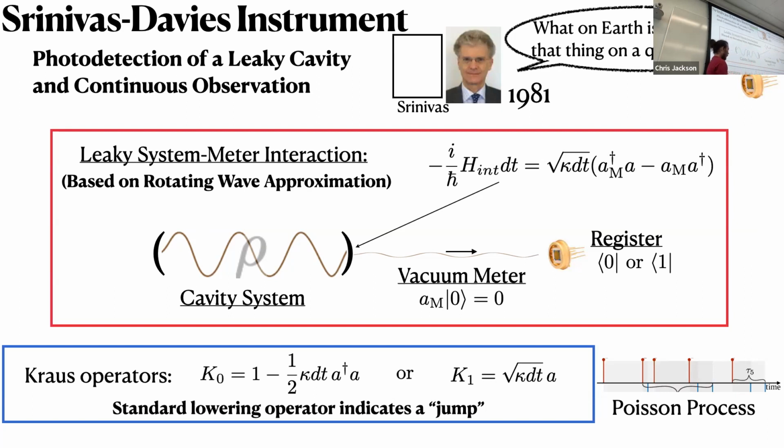So at small times, there's two things that can happen. Either you don't see a photon or you do see a photon. And if you don't see a photon, this is the kind of Krauss operator you have, where A is the usual lowering operator. Okay. And if you do see a photon, this is the kind of operator you have. So something you should see is that it takes a photon out of the state of the system, which you'd expect, lowers everything.